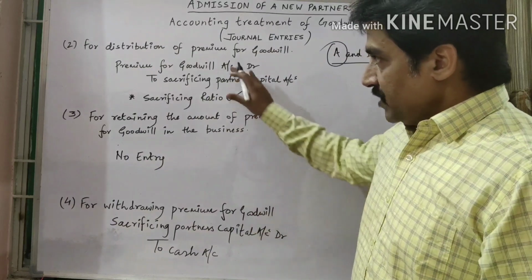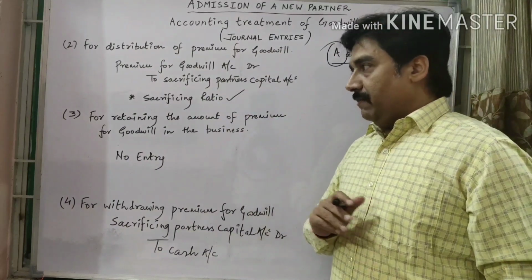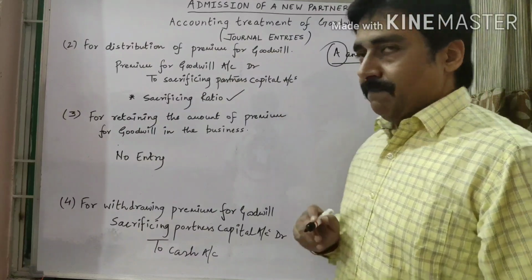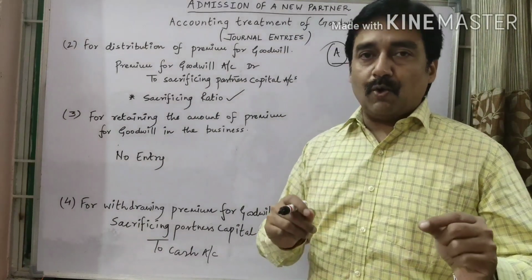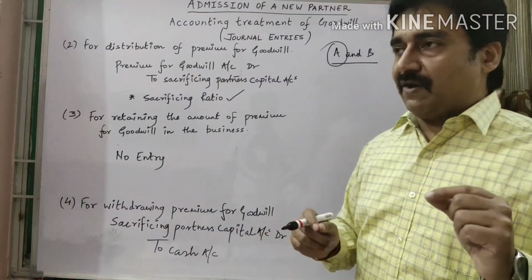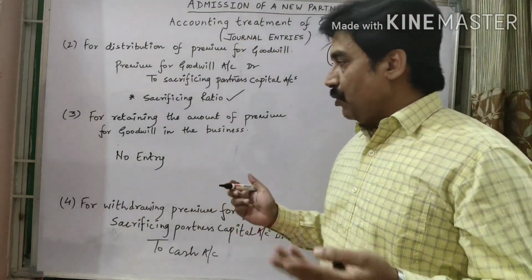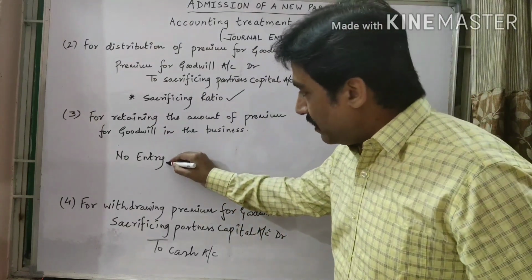Okay, we move on to the next entry for retaining the amount of premium. Now what does that mean? Suppose in a question you are told that the partners have decided to retain the amount of premium in the business. What do you have to do? You don't have to do anything.